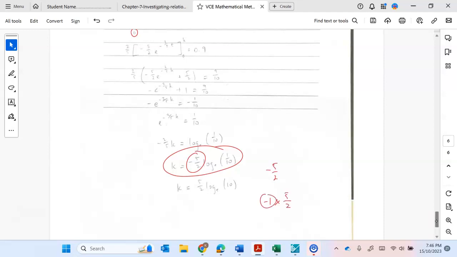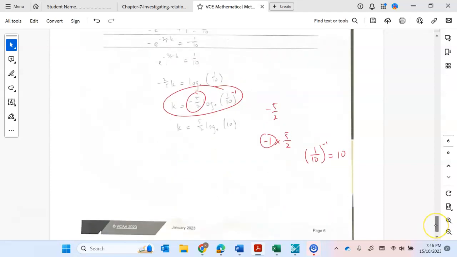That -1 can come up and become the power there. And so 1 over 10 to the power of -1 is just 10. If you had to do that on your exam and you didn't know it was 10, remember anything to the power of a negative just flips. So that 1 over 10 becomes 10 over 1. And there you go. So there's your value of k, and that's the end of the exam.